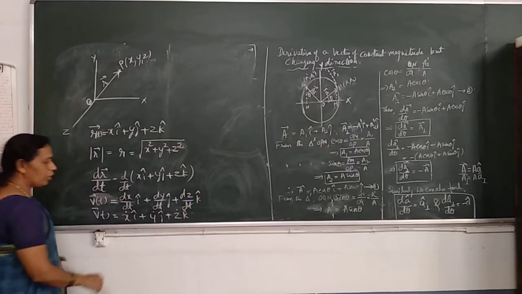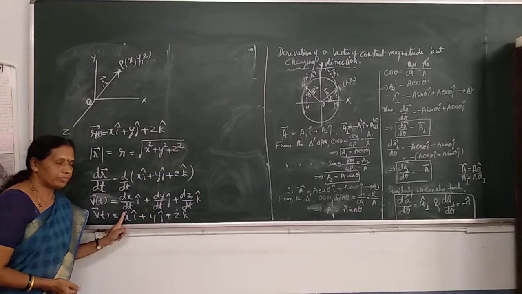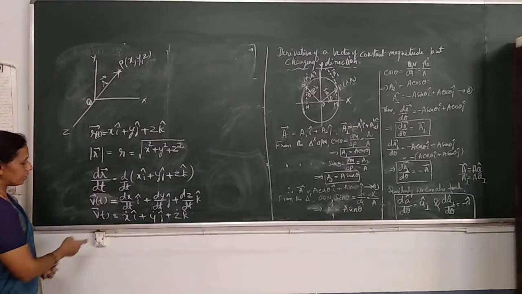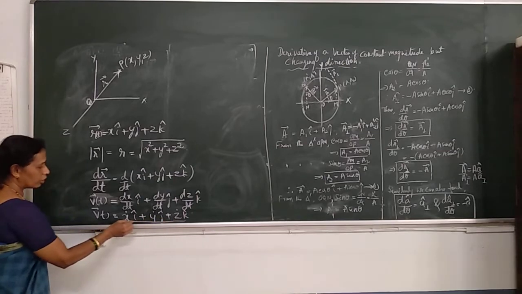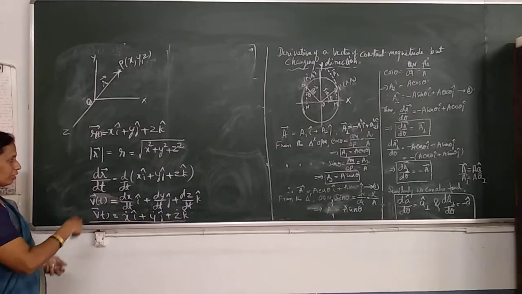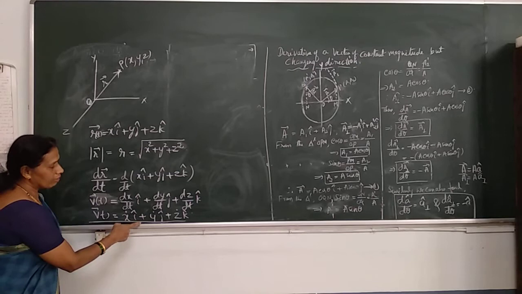The first derivative is always represented by the dot at the top. Thus, the instantaneous velocity of the particle, the rate of change of position, is given by this.